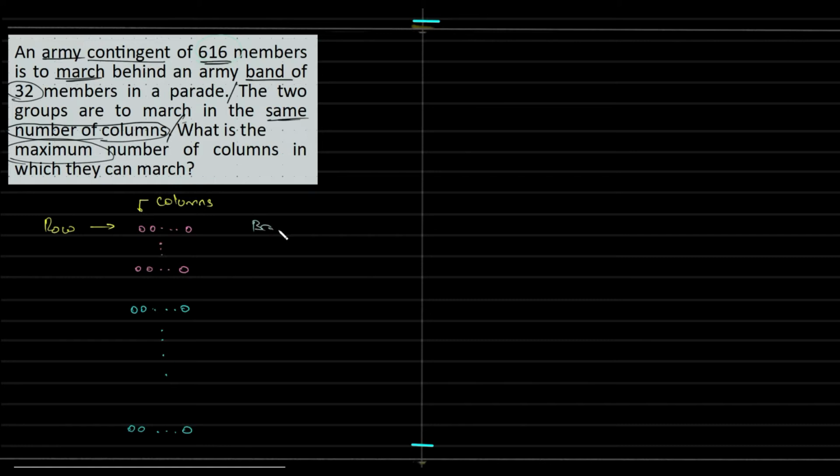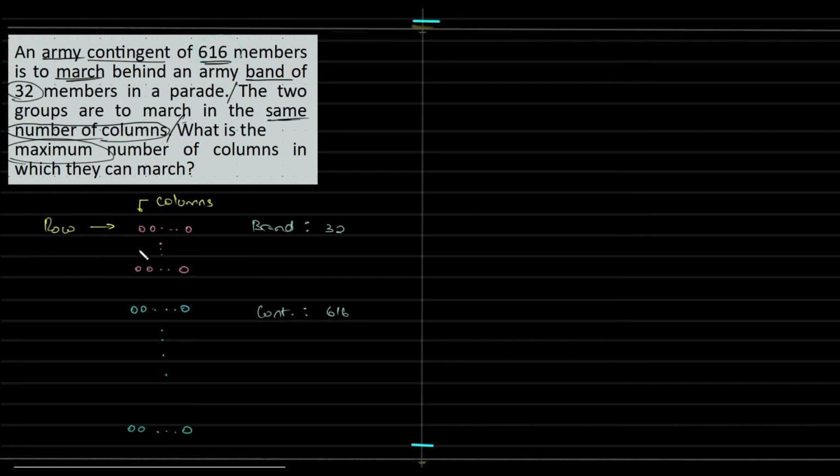Now, the band is going ahead. So there are 32 members while your army contingency has 616 members. You would have observed this in the Republic Day parade as well, or in your school ground, NCC, or sports day.